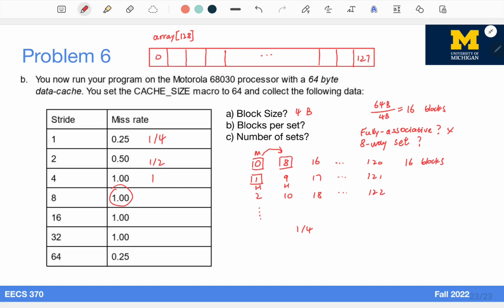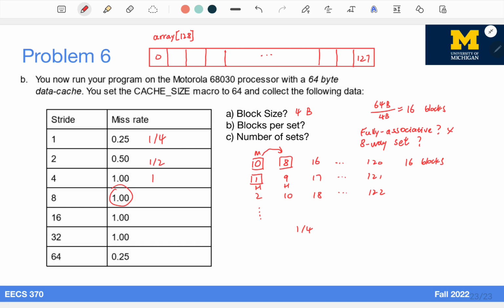Okay, if we have two different sets in the cache, then in every iteration, our 16 blocks will actually go to the same set inside the cache if we do some address decoding.